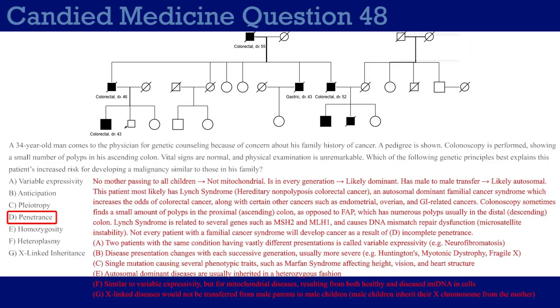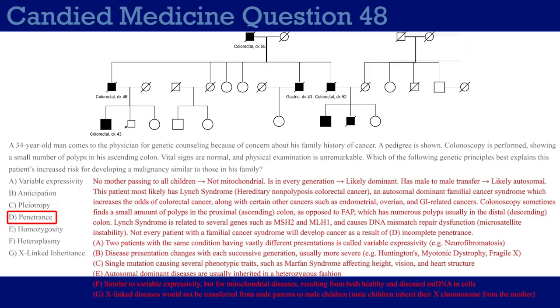And we can sit here and talk about a lot of other familial cancer syndromes, right? There's the multiple endocrine neoplasia syndromes, MEN1, MEN2A, MEN2B. There's von Hippel-Lindau. There's BRCA, Li-Fraumeni, neurofibromatosis, retinoblastoma, tuberous sclerosis.